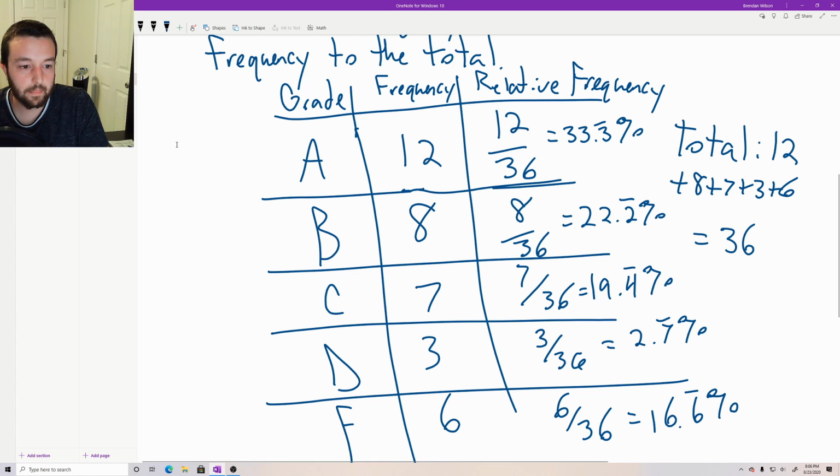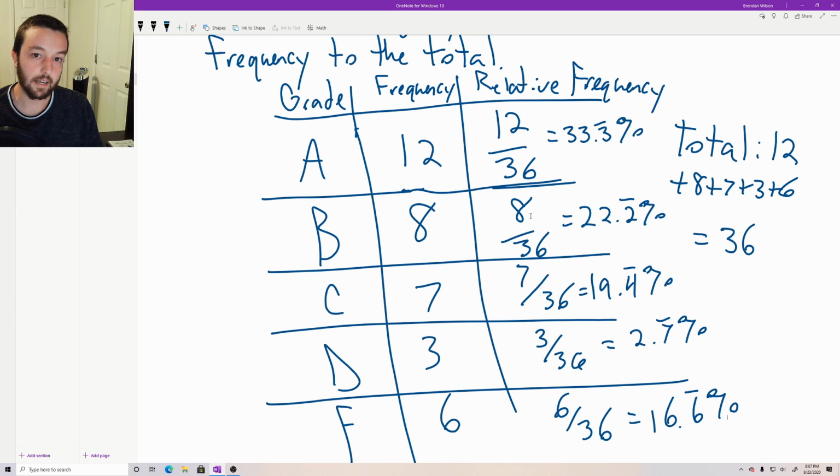So we know how to calculate the frequency. We just count the number of whatever it is we're looking for. For the relative frequency, we take the frequency and divide by the total. And then to make a frequency table, well, that's what we just did actually. So a frequency table is just a table like this one showing the frequency and usually showing the relative frequency.